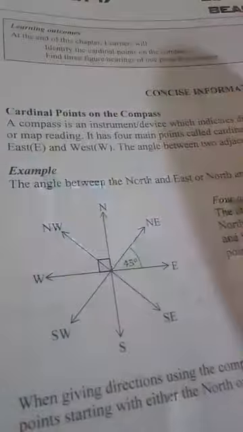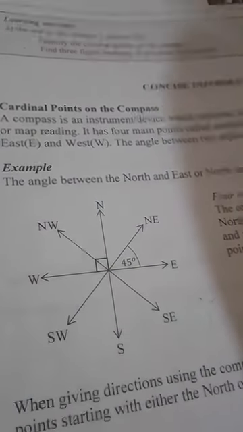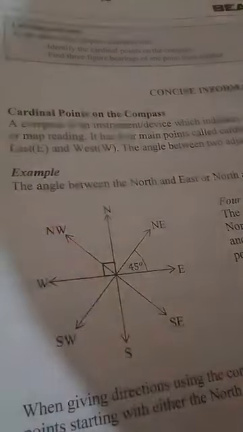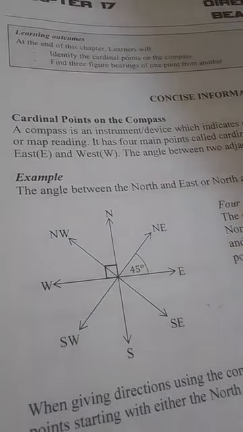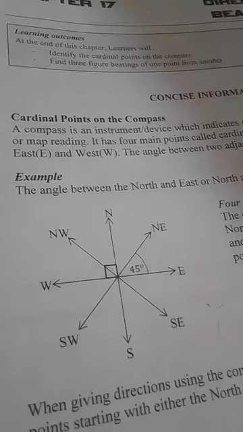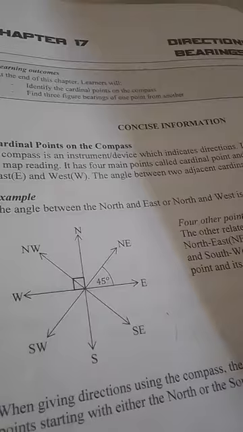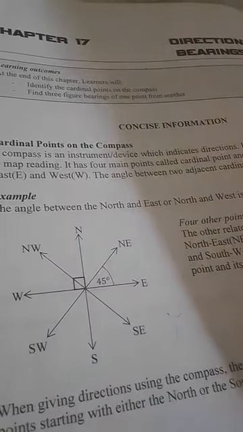The other related basic points on the compass are northeast, northwest, southeast, southwest, those which are cutting in between north, south, east, and west.